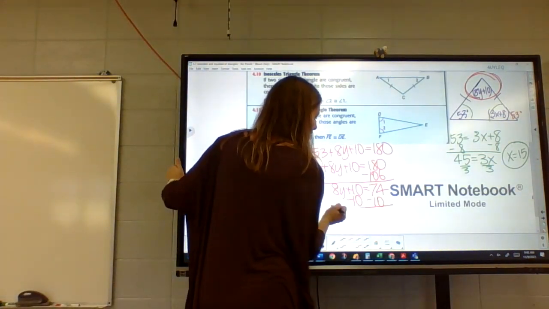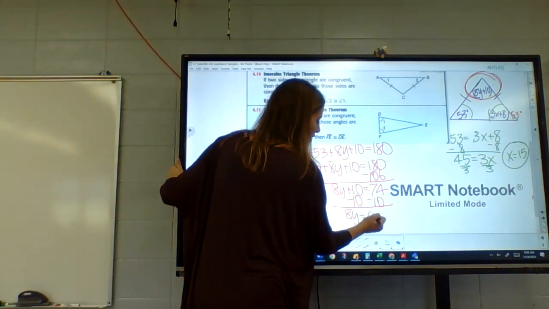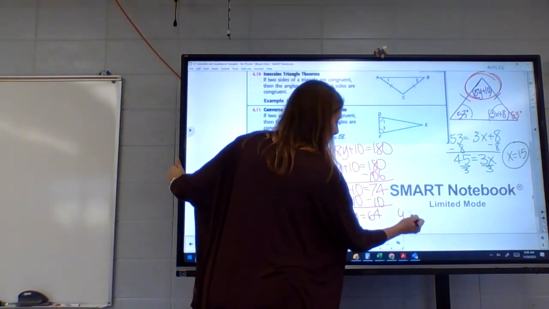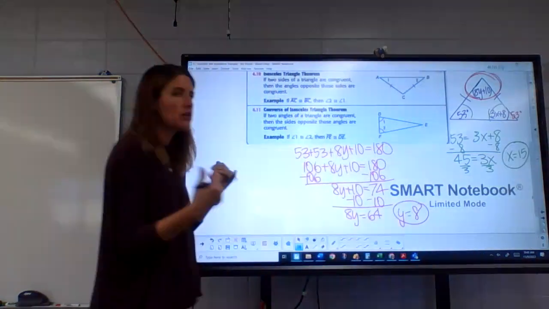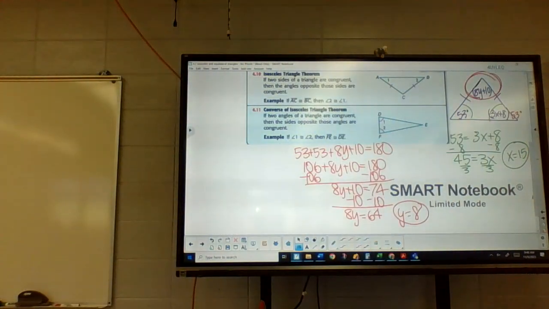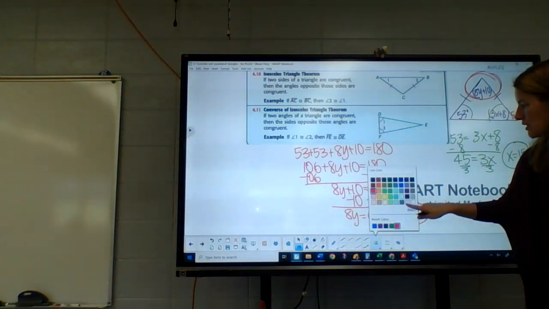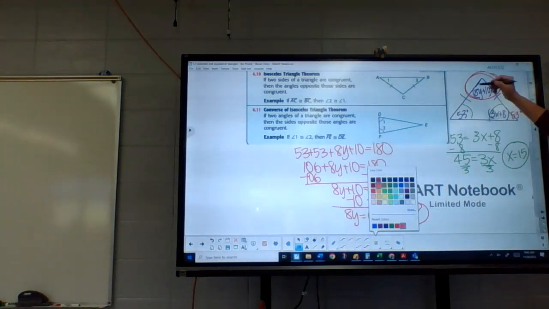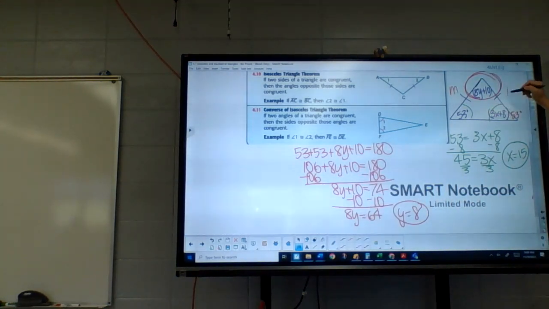So with isosceles triangles, we can figure out sides or angles based off the fact that the angles should add up to 180. Now the sides, just so you understand, if I was talking about the sides, if this was m and this was 18, that would just mean m is 18. So those two are just equal if I was talking about side lengths.